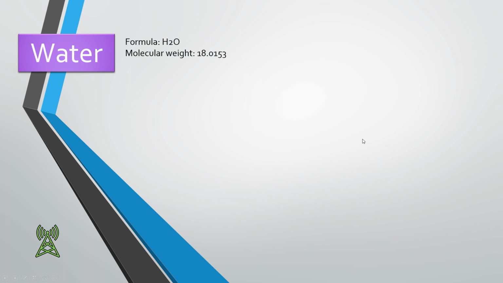The formula, if we talk about the chemistry, the molecular formula is H2O, molecular weight is 18.0153, and this is the CAS number, the Chemical Abstract Service registry number, which is important. Maybe not for this topic, but for all other chemistry topics and compounds, this is the most important number from which you can identify which kind of compound this is. This is the specialized identity of the compound.